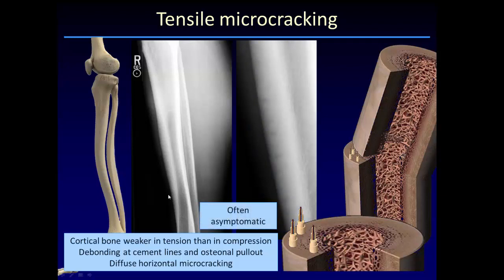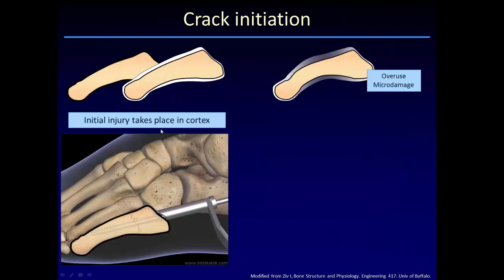Now, this is a runner, and we have multiple of these striations. That is what we see with tensile microcracking taking place in the bone. And these are difficult for us because not all of these patients are going to have symptoms related to it.